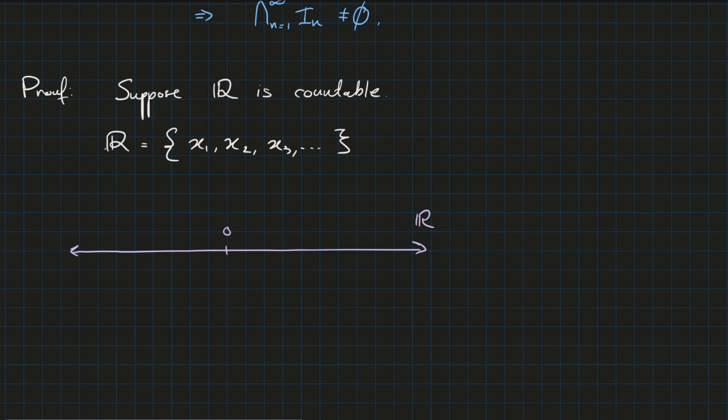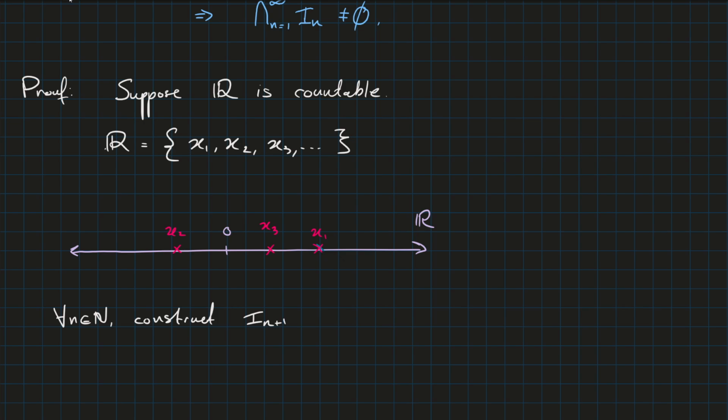So then x1, well, maybe I'll use a different color. x1 is maybe here. x2 is maybe here. x3 is maybe here, and so on, right? We jump around. And what we're going to do, okay, is this. For all n in N, construct I_n.